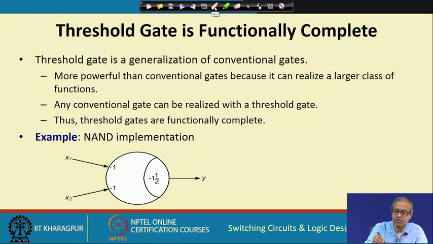The next thing that we want to talk about is functional completeness, which we talked about earlier. We said that when you build circuits, we should be confident that the basic building blocks given to us can be used to design and implement any circuit we want.